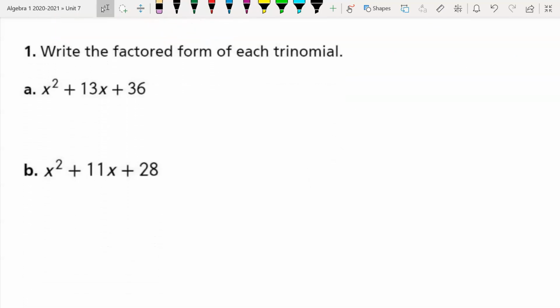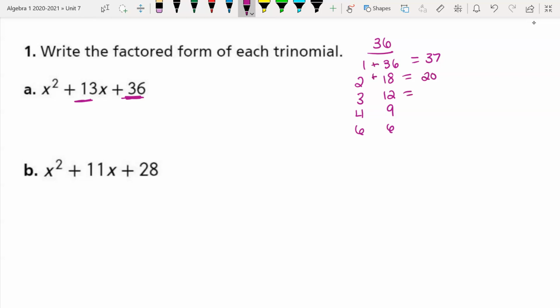So we kind of dive into it now. It's always got to multiply to the last number, but add to the middle. So let's do 36. I would do 1 and 36, 2 and 18, 3 and 12, 4 and 9, 6 and 6. If I add those, I'm going to get 37, 20, 15, 13, and then 12.